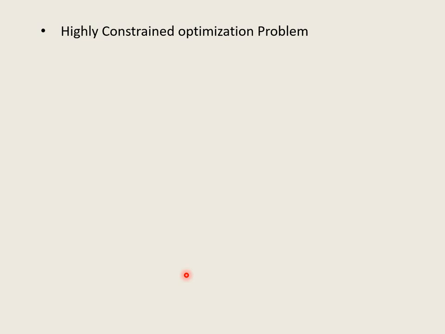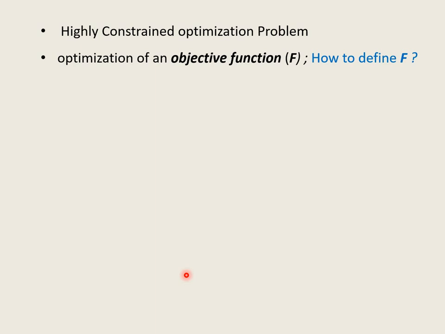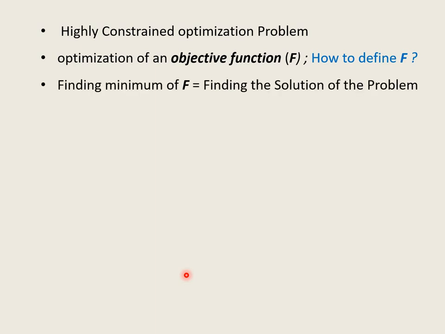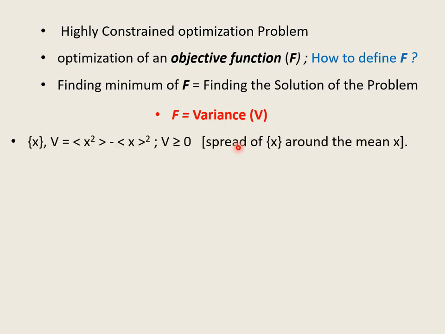Okay. So as you see, it's a highly constrained optimization problem, an optimization of some functional that you have defined according to your problem, very selective. Now the question, how to define this functional f? Of course, in such a way that the minimum of that functional will correspond to the solution of the problem, right? As simple as that. So in our case, I will explain why this functional f is nothing but variance V. And what is variance?